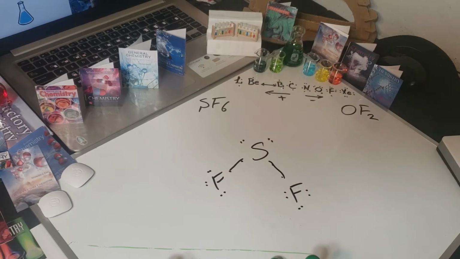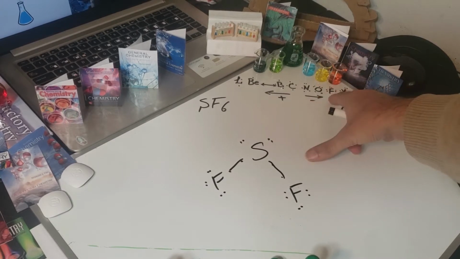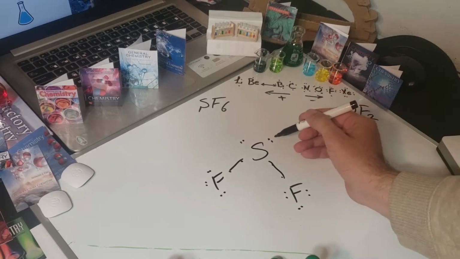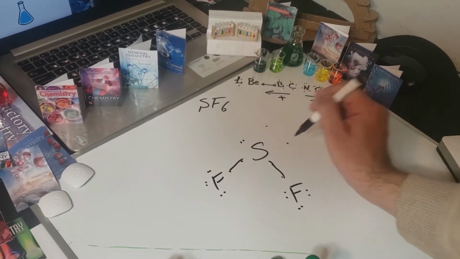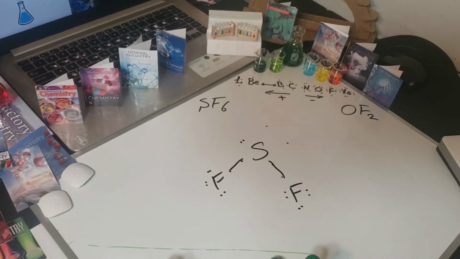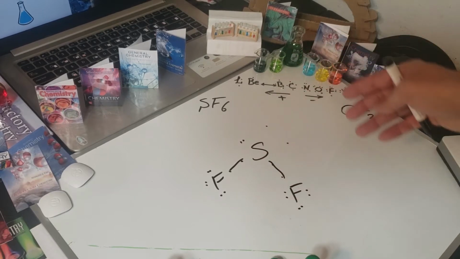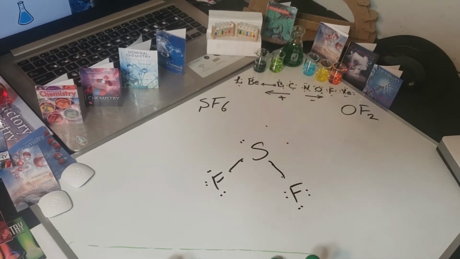We have four more fluorines waiting to come in. They're dying to come in, and they're not going to accept dative bonding because fluorine, or anything in group 7, only needs one electron. So they're going to attack these two lone pairs, shatter them up, and kick them into a higher shell or higher layer. That's why the central atom must be period 3 or more, to be able for the fluorines to attack its lone pair.